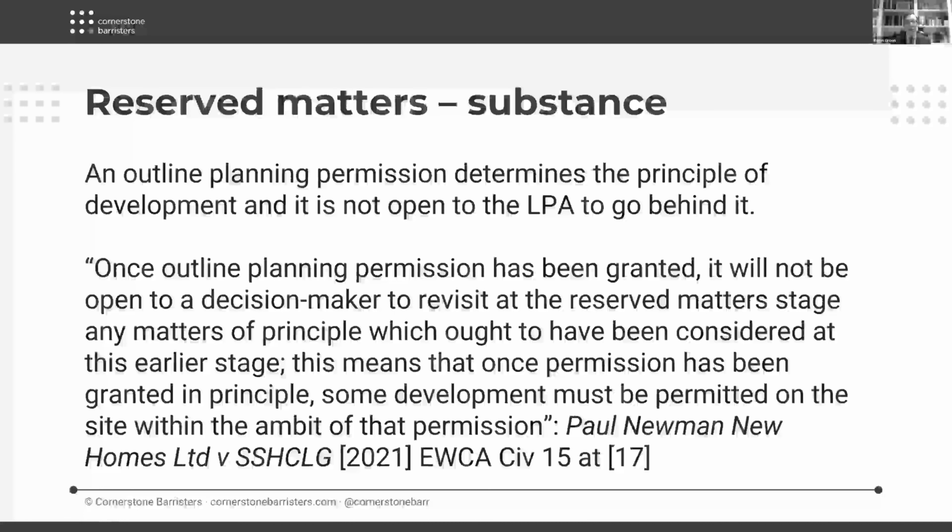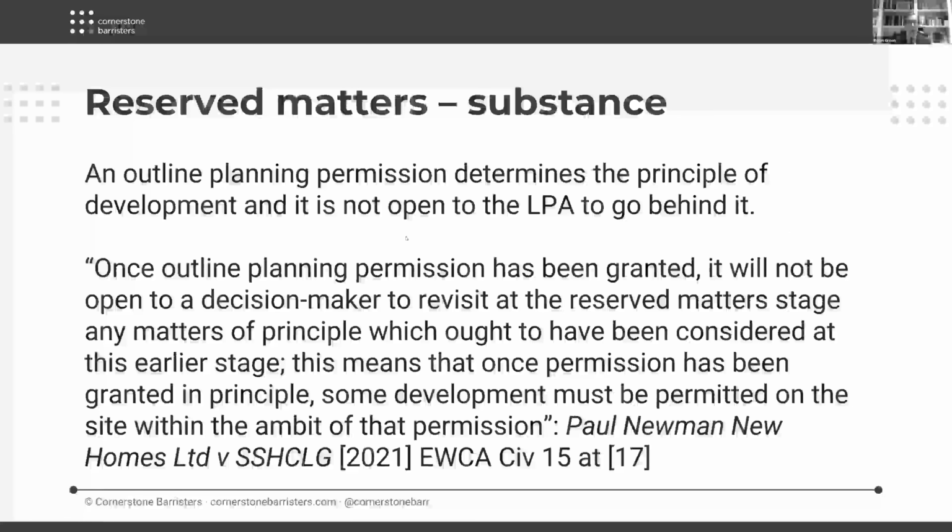Not only does the outline permission set the scope of what the developer can do, the outline permission also establishes the principle of development, and therefore the local planning authority is also bound by it and can't go behind it. The position was made perfectly clear in the case of Paul Newman New Homes Limited, essentially saying that once the outline planning permission has been granted, the local planning authority is bound by it and can't, at the reserved matters stage, seek to revisit matters that have been fixed by the principle of the outline permission.